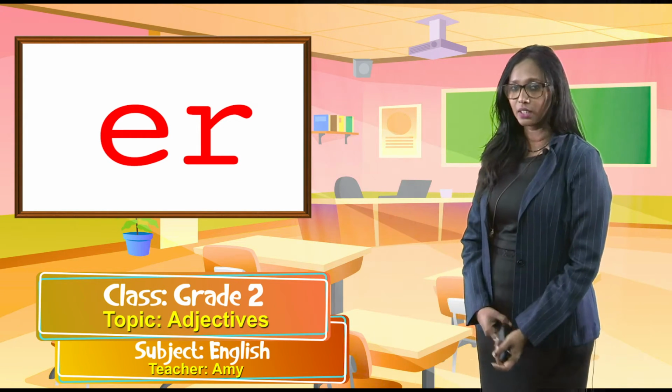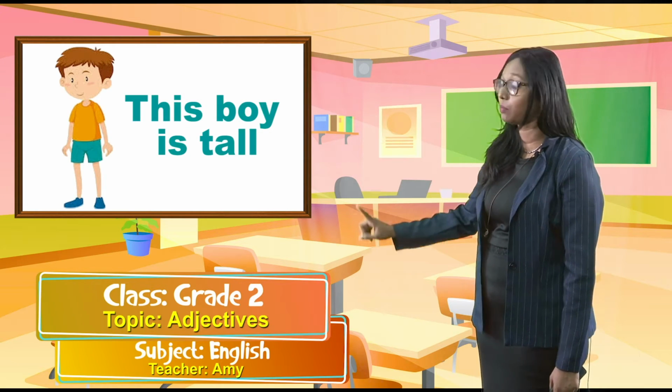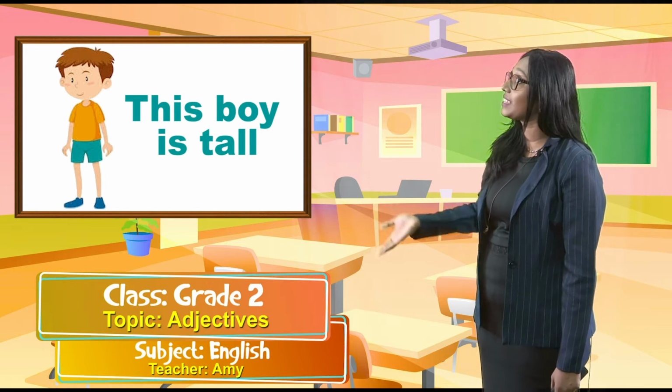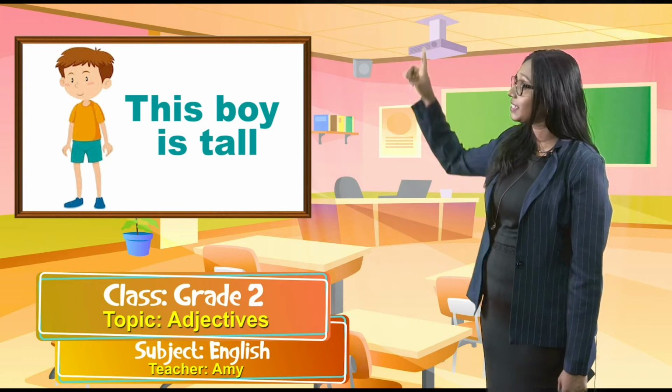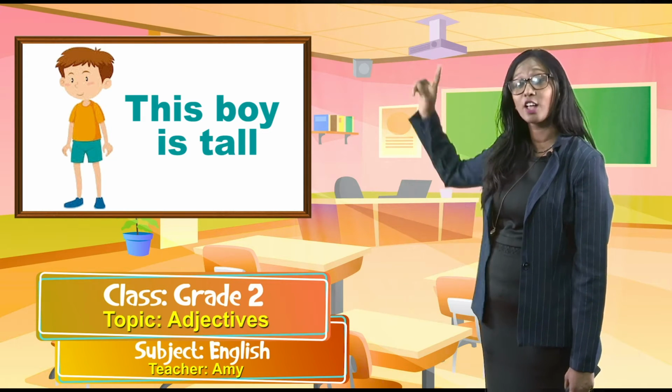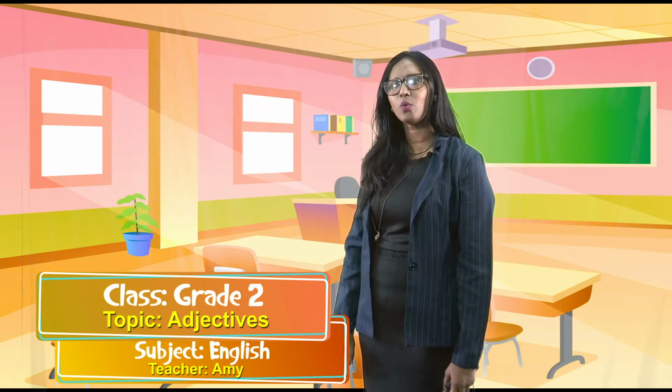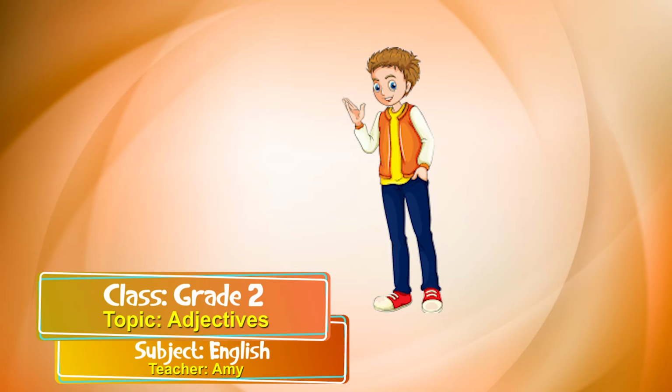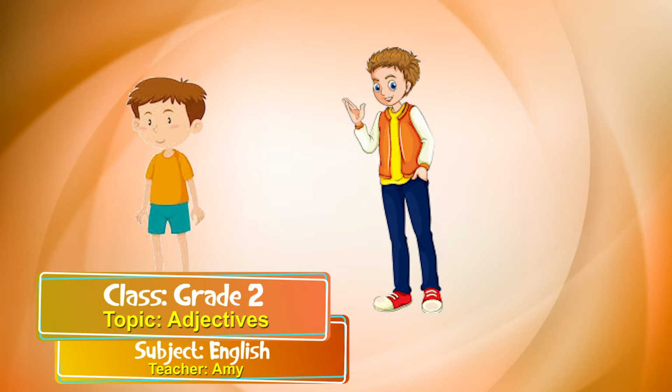So, let's take a look. We have this boy. This boy is tall. We can say this boy is tall. Now we have another boy. Now look at this boy and look at this boy. We want to use the adjective tall to compare these two boys.